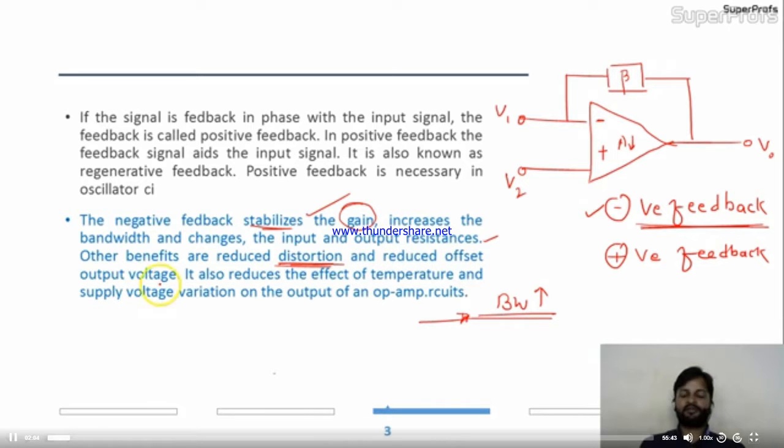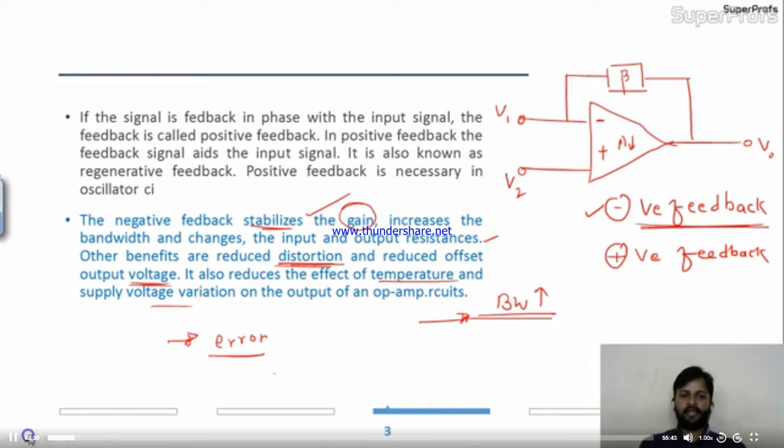And reduced output offset voltage. Offset means error. If you are getting output offset voltage, it means you are getting unnecessary or undesirable output. So negative feedback reduces that also. It also reduces the effect of temperature and supply voltage variation on the output of an op-amp circuit.